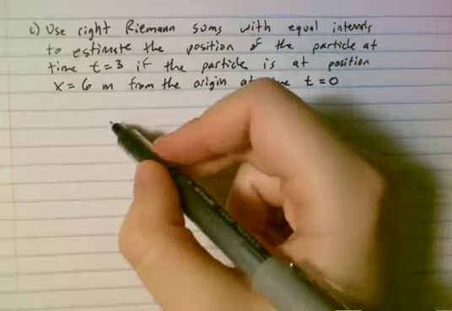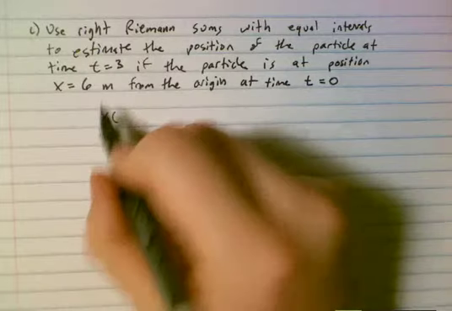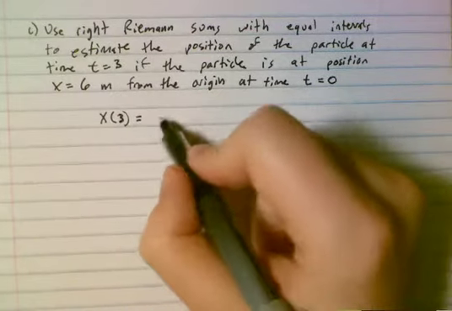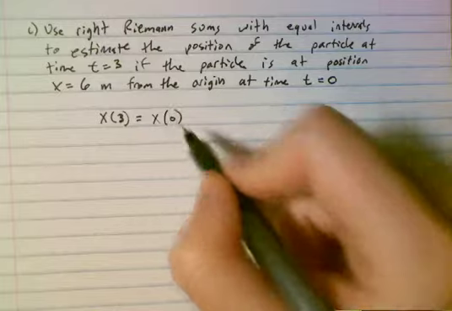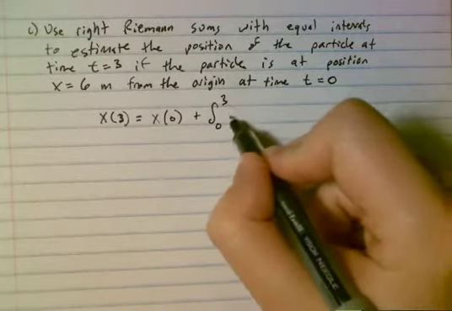So we know that position at time t equals 3 is going to be whatever position we're starting at, at time t equals 0, plus however far it moves from 0 to 3.